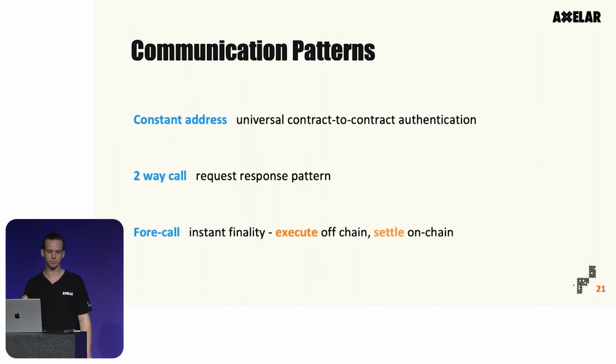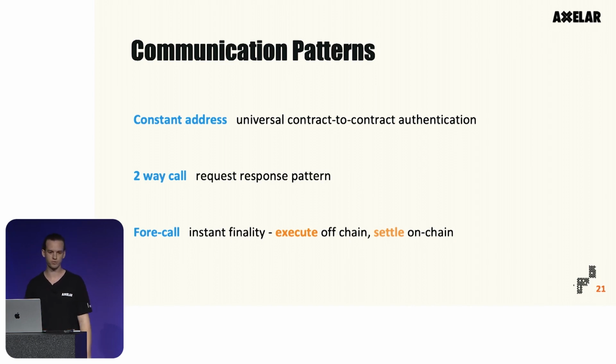Maybe I want to lock some liquidity on another chain and then get a response with how much I've got available, maybe in Prime. And then our infrastructure is actually going to automate all of that for you as well, so you don't have to build anything off-chain to support that. You just send the request to the contracts.